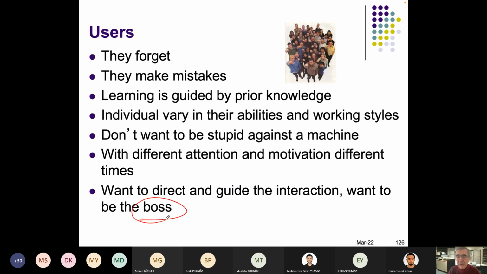If the system is trying to dictate something to you, then users usually get away from that kind of interaction. They don't want to use it. So be careful what you are saying to the user during the interaction.